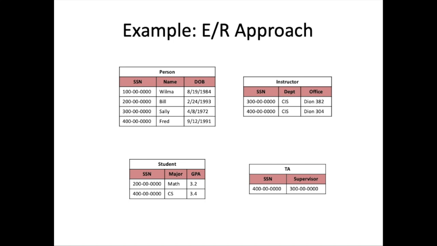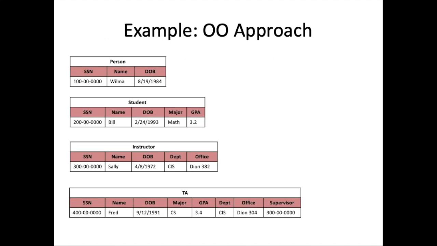Sally, the professor, and Fred, the TA, are instructors, so they'll be recorded in the instructor table with their department and office information. And then Fred, the only TA, will have his supervisor's number recorded in the TA table. So this looks quite a bit different, right? This is how our data is going to look if we take the ER approach versus the OO approach.